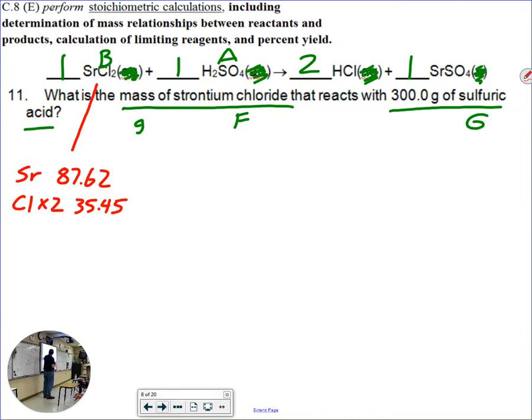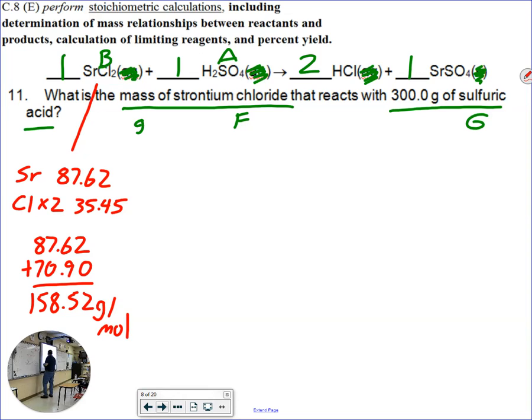So 2 times 35.45 is going to be 70.9. So we do 87.62 plus 70.90. What do we got? 158.52. Somebody confirm? Sounds like there's 2 people doing it. Just keep it. Cool. 158.52 grams per mole. And that's for my strontium chloride.